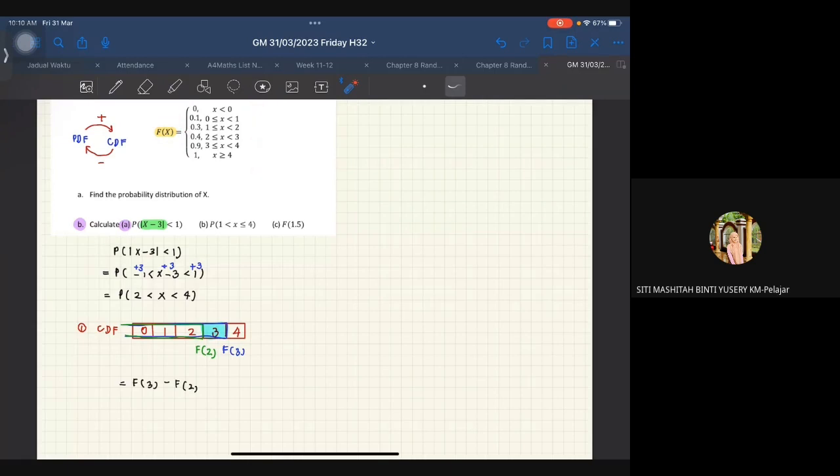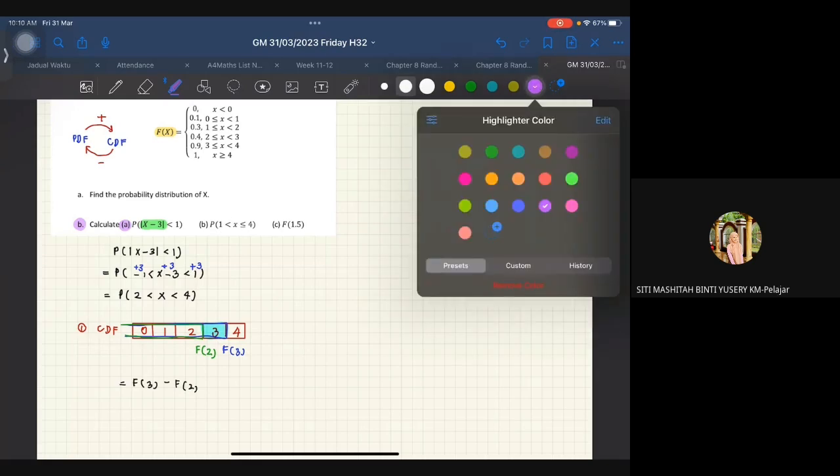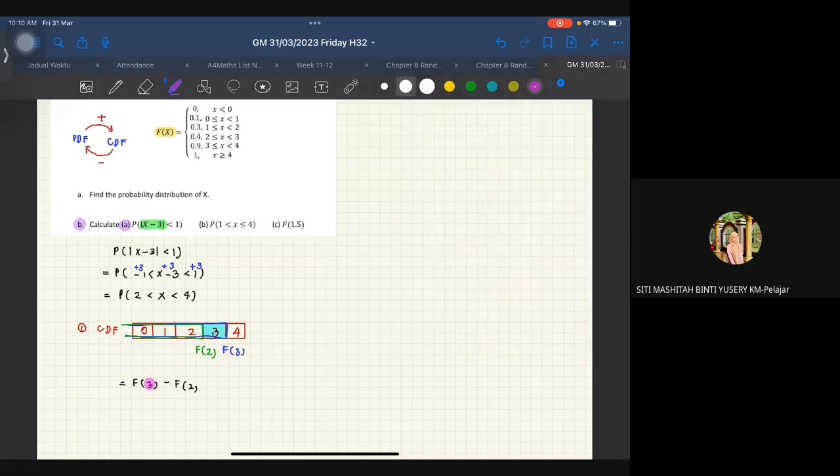So macam mana kita nak cari this value daripada sini? Okay, so the idea adalah bila kita tengok dekat sini, awak punya nilai, sekejap saya tukar warna. Okay, so this one over here is 3. Okay, so we are looking for x equals to 3 di dalam kita punya range dekat sini.